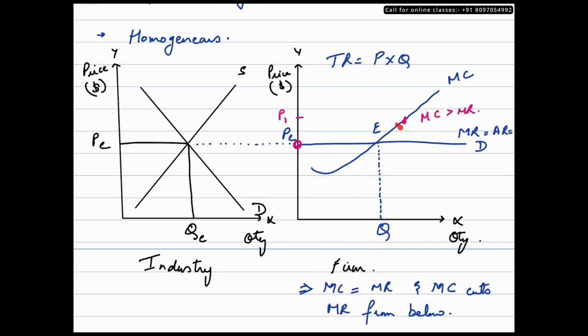Hence, it indicates a loss. However, if the seller is willing to put the price down, let us say P2, now at this particular price, there will be a lot of buyers who would be willing to buy from him, but he may not be making enough money to remain in the business, and eventually he may be compelled to exit the market. Hence, it is not possible for a single firm to influence the price, and this is what makes them a price taker.